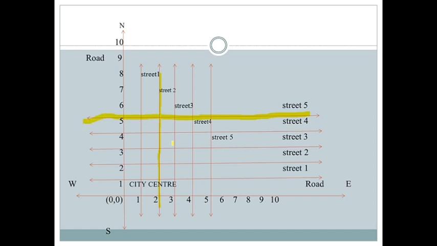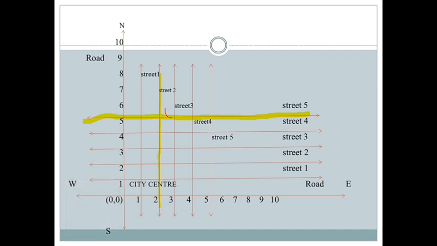Okay, so after that it is given that at some crossing they are meeting. So this is the crossing where they are meeting, and we call it 2 comma 5.